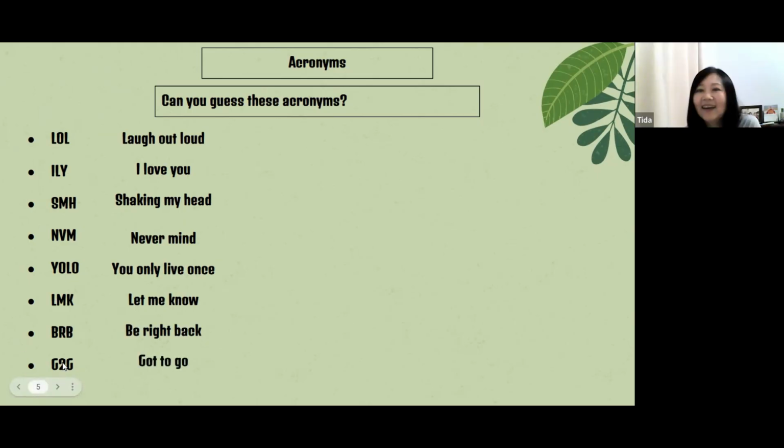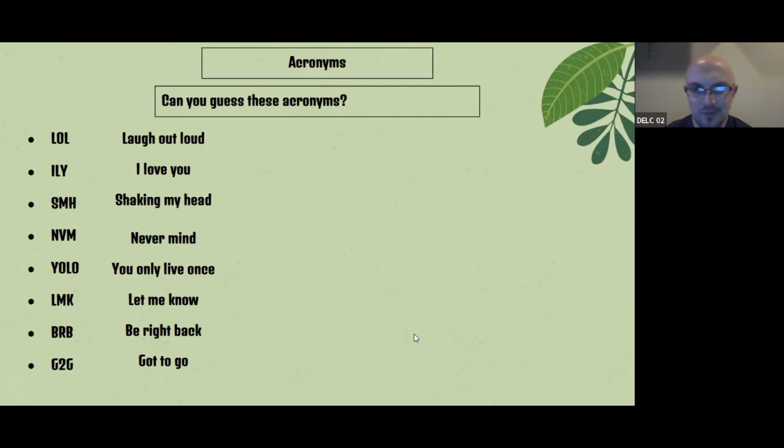Yeah, some of these, like G2G, are maybe a little bit old, but oftentimes if you are texting someone, or typing maybe an informal email, sometimes people will use these acronyms if they're feeling too lazy to type everything.